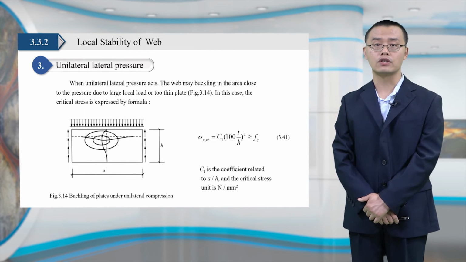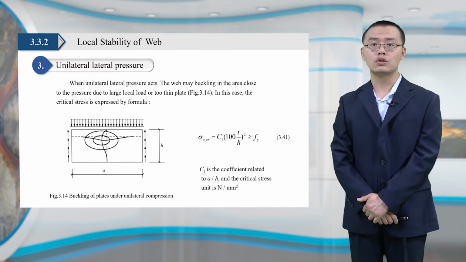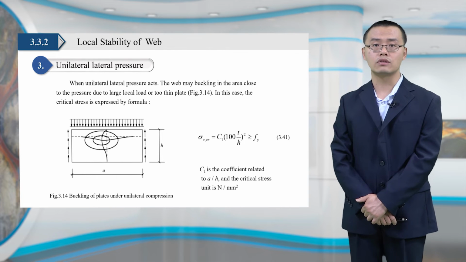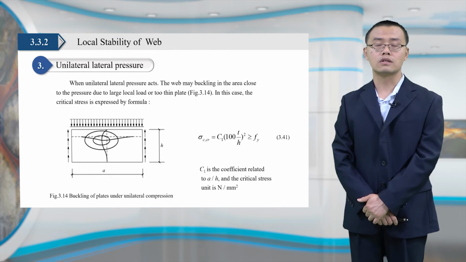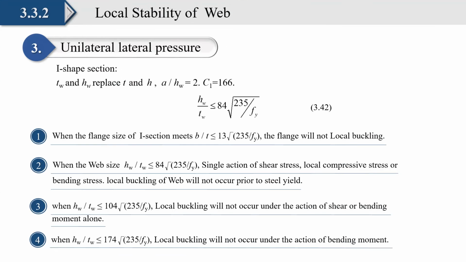C1 is a coefficient related to A to H, and the critical stress unit is Newton per square millimeter. For I-shaped section, TW and HW replace T and H. A to HW equals 2, C1 equals 166. We can acquire the expression 3.42.